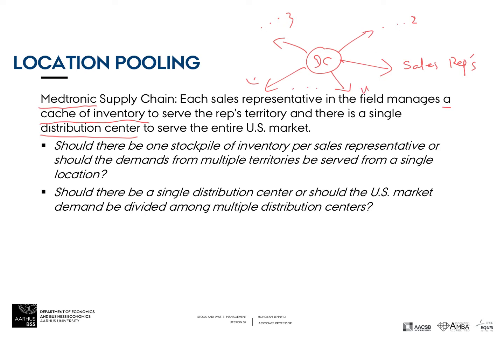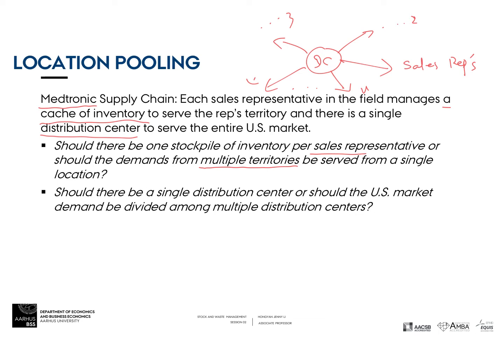then we face the question: should there be one stockpile of inventory per sales representative, or should the demands from multiple territories be served from a single location? Think about the individual sales representatives. Should they all hold their own inventories, or can we pool the inventory for multiple territories into a single storage?